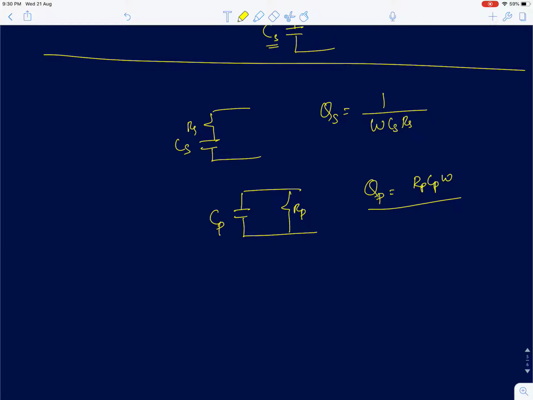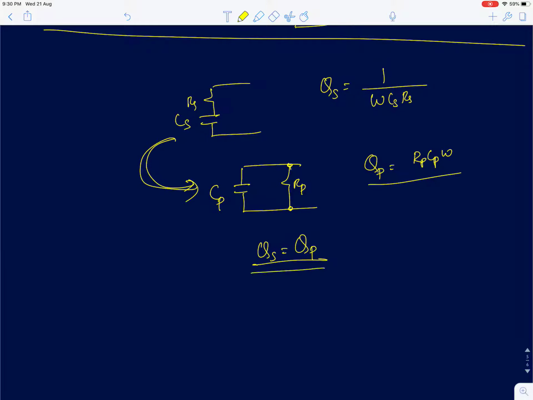Okay. And we showed that when you make a transformation from a series RC to a parallel RC, your QS will be equal to QP. Whether you define it for a series network or the parallel network, the Q will remain the same. Okay. The Q tells us how good a capacitor it is. Okay. So this is just a different model for the same capacitor. So that should not change the value of Q. So that's the important point to understand here.